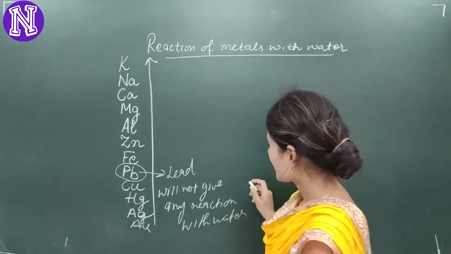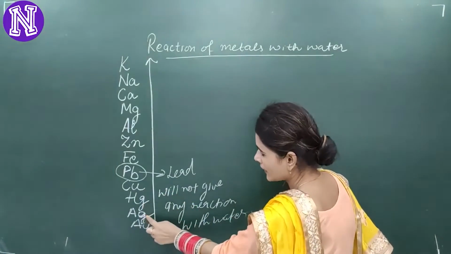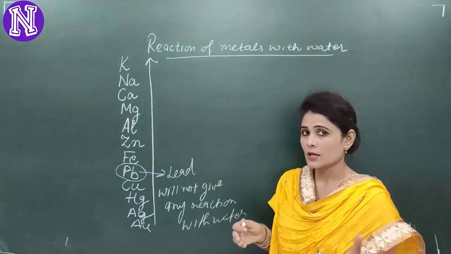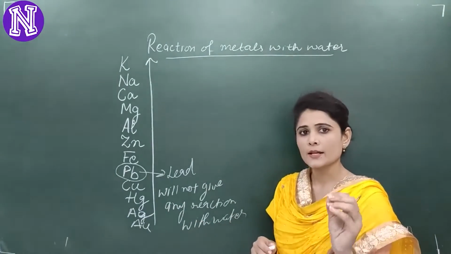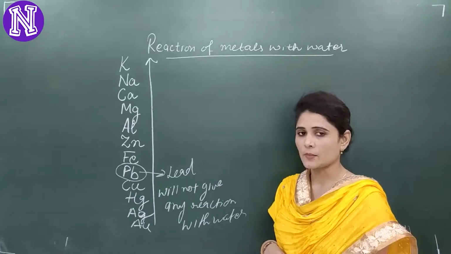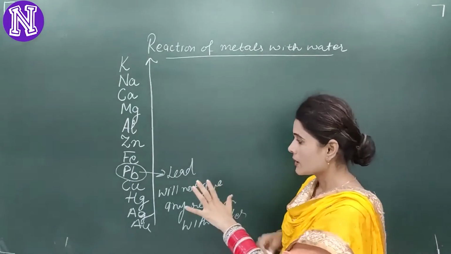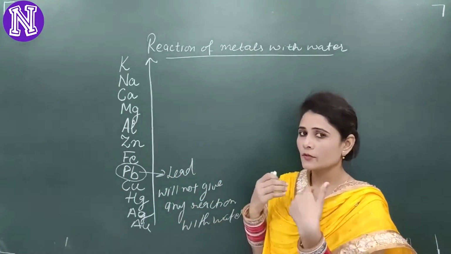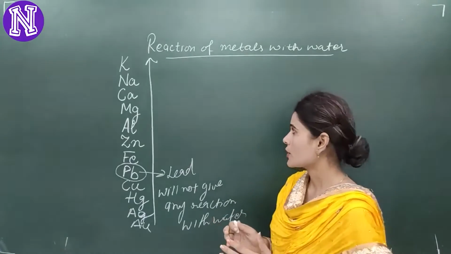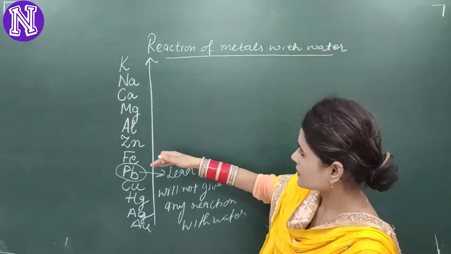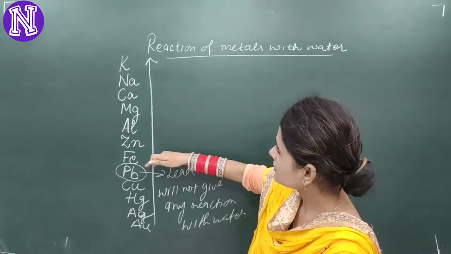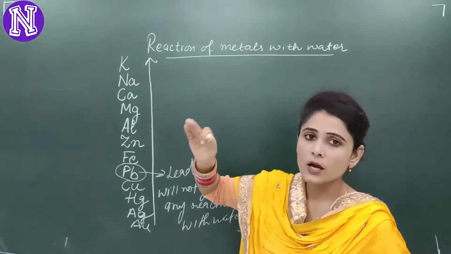Keep in mind, these metals will not react with water in any condition. If you change the temperature, pressure, everything, these metals will not react with the water. The metals which are present above the lead, all these metals will react with the water.